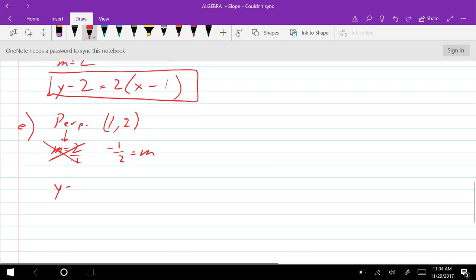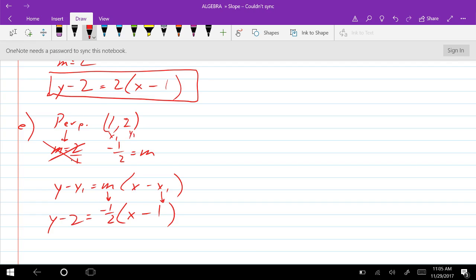So in y minus y1 equals m times x minus x1, my m is negative 1/2. Keep the x. My x1 is 1. Keep the y minus, and my y1 came from the 2. And all those same steps are repeated in number 2. I'll come back to it if I have time.